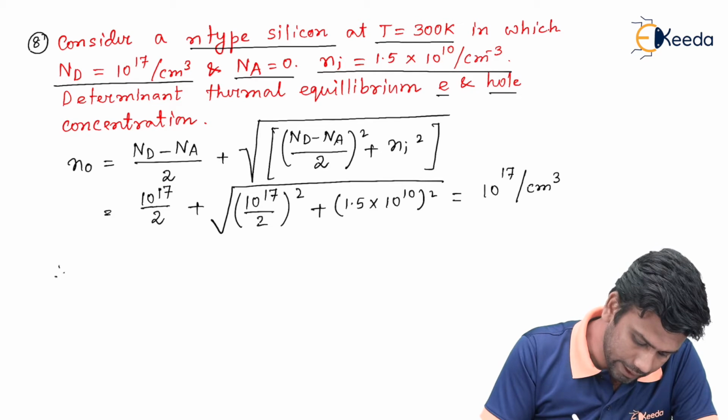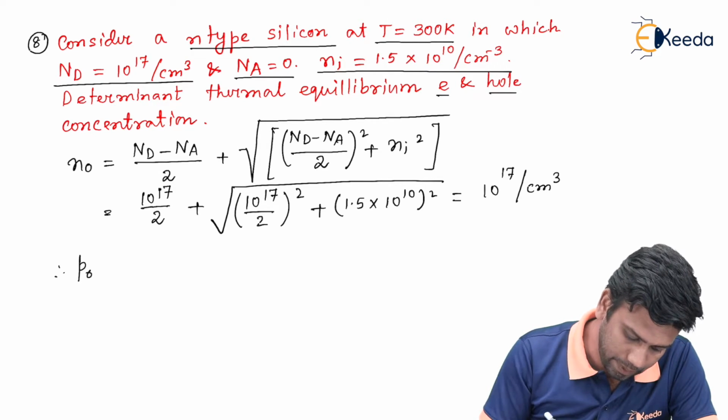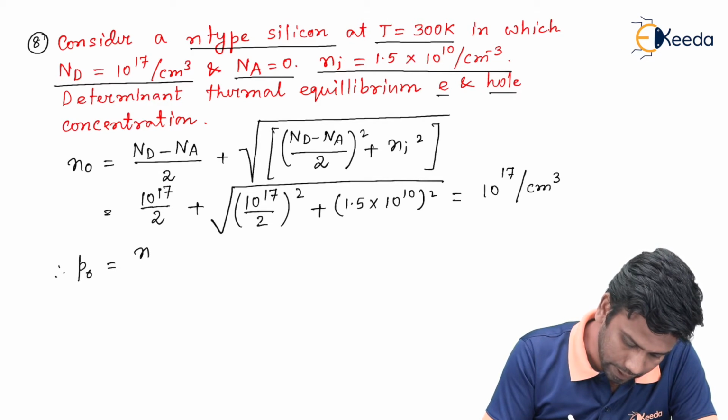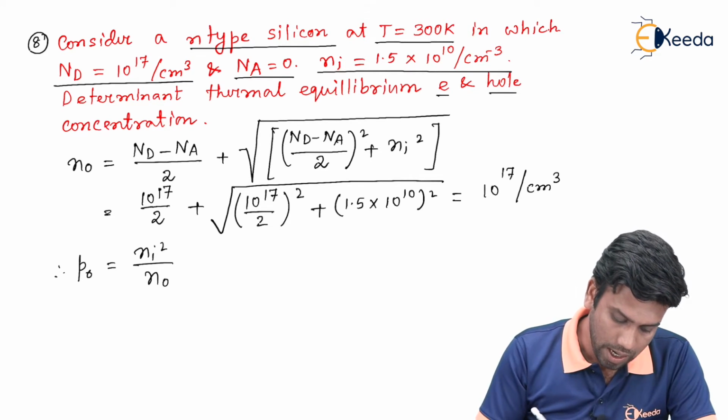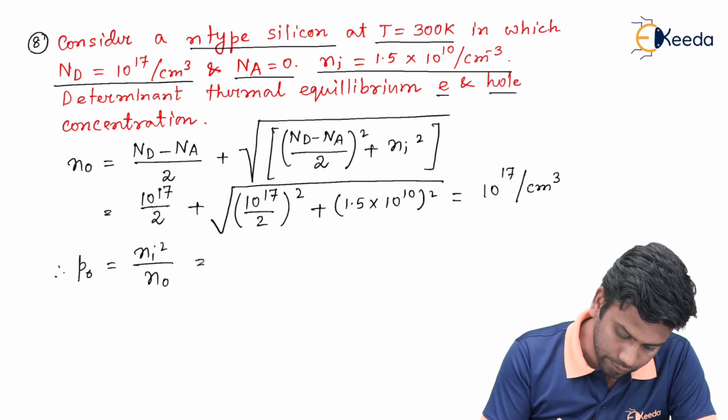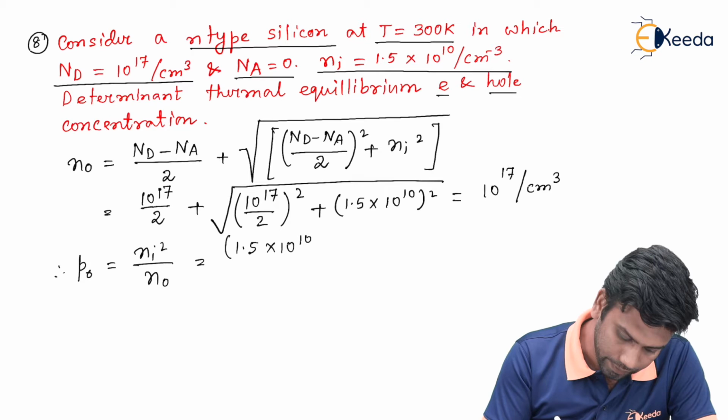And from the mass action law, we can write that P0 equals Ni square divided by N0, and Ni is known as 1.5 into 10 to the power 10, whole square.